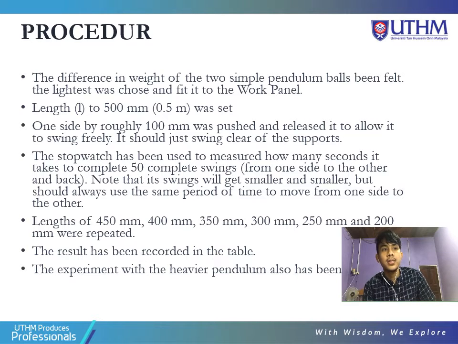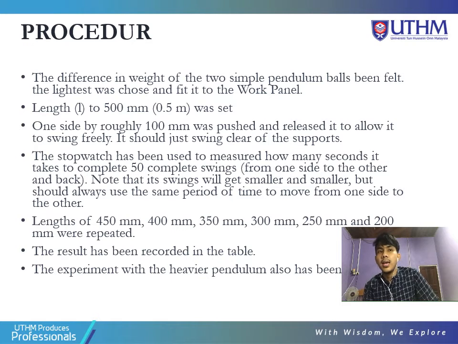Next, the stopwatch was used to measure how many seconds it takes to complete 50 complete swings. Note that the swings will get smaller and smaller, but it should always take the same period of time to move from one side to the other.